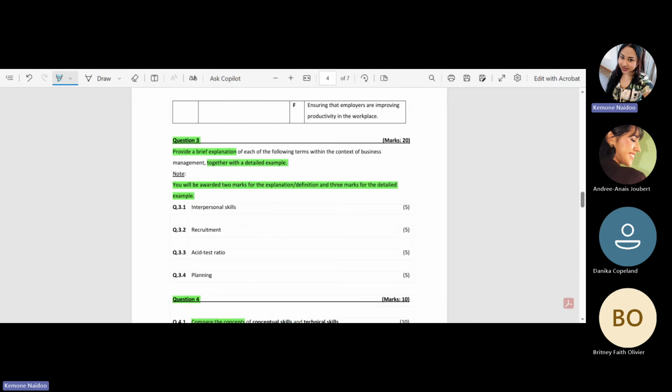And then what kind of example do you think would suit interpersonal skills? Remember, you need a very detailed example.